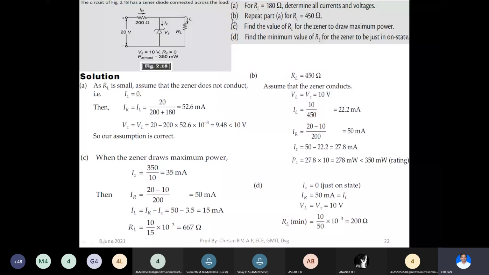The same problem is given, only one case of this problem is given in the question paper of December 2018, January 2019. So here what we have to assume is RL is 450, and we have to assume that the Zener diode is conducting, and we have to find out the parameters. You can find the explanation of this in the previous class videos, and it is also there in the PPT. The same problem has been asked in one of the question papers.